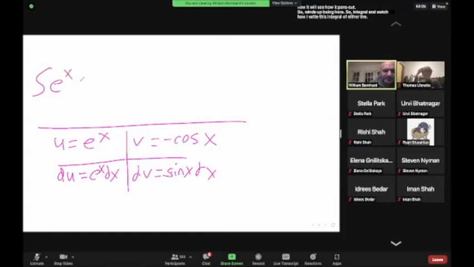Integral of e to the x sine x dx, that's the question. Here comes the answer, which is equal to the uv. So uv is going to be negative e to the x cosine x minus the integral of voodoo. So that's plus the integral of voodoo.